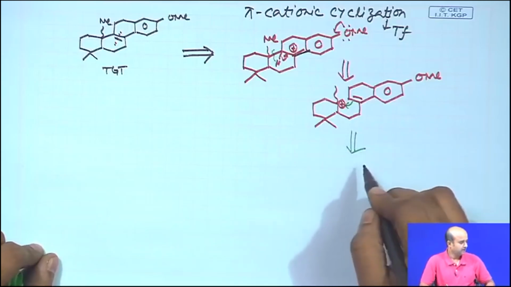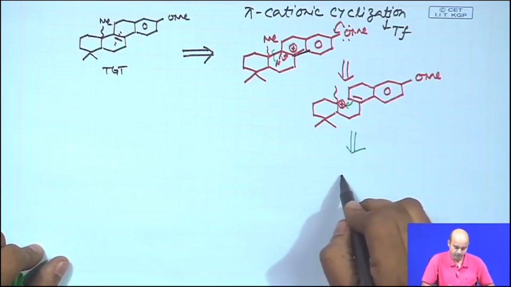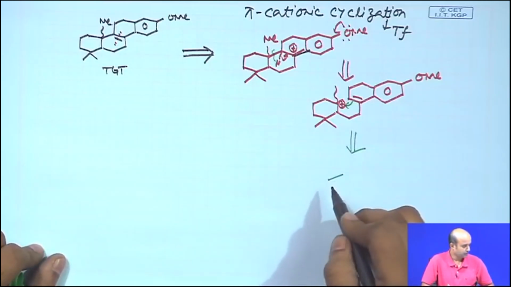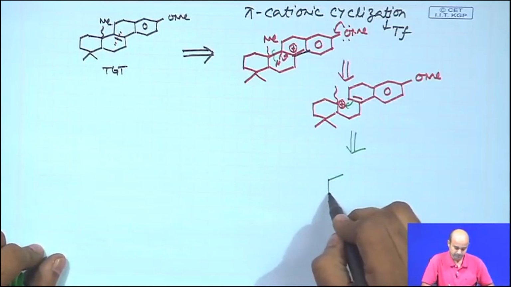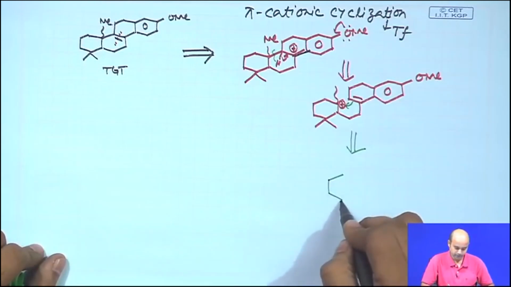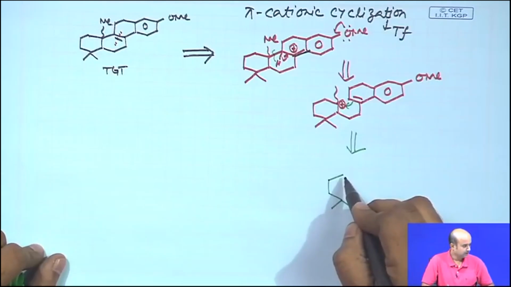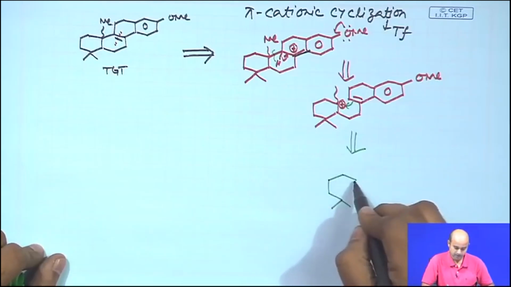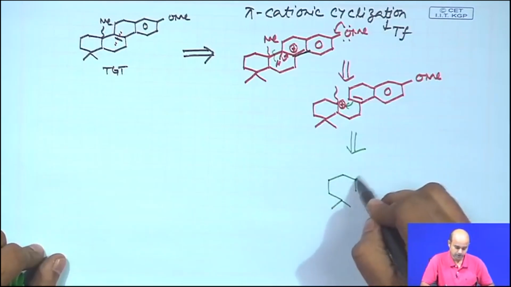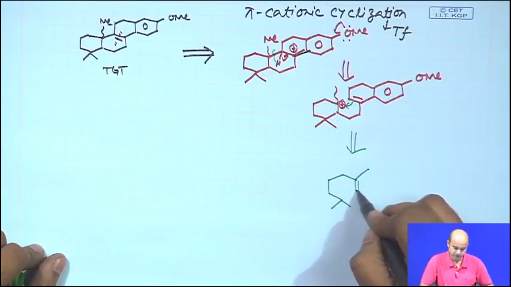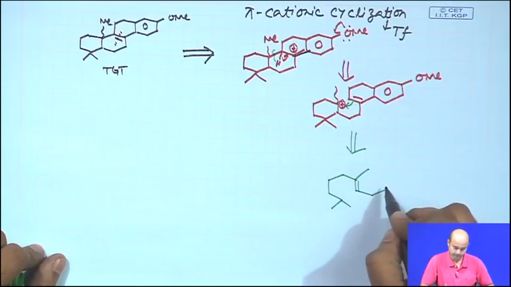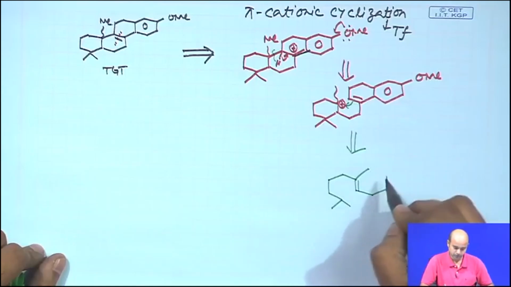Next intermediate, which we will now draw, see it very carefully. This is a stepwise demonstration of how a complex structure can be thought of.